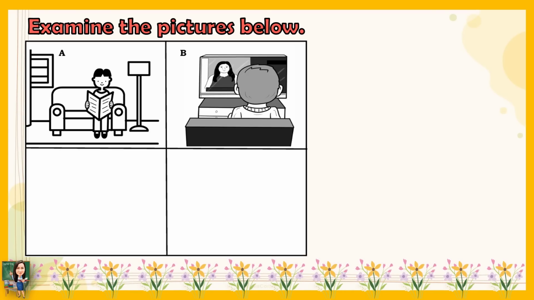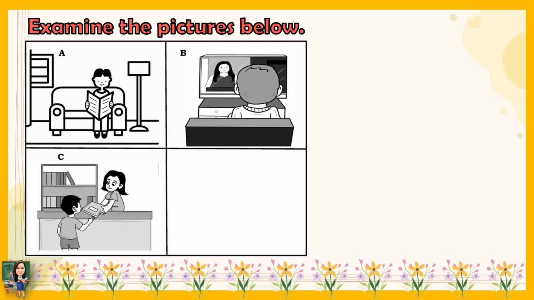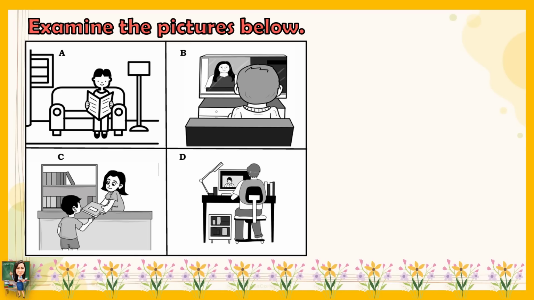In letter B, the source of information the boy used is broadcast material, like watching news on television. In letter C, the source of information the boy used is print material, like a book. And in letter D, the source of material the boy used is online material, like using a desktop.